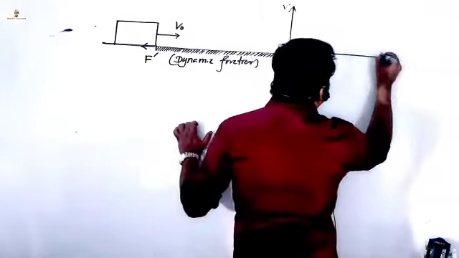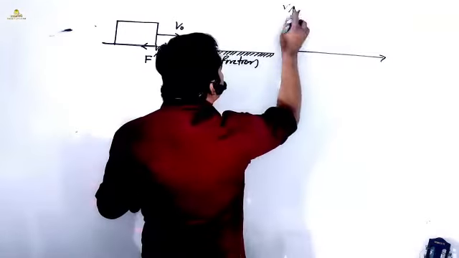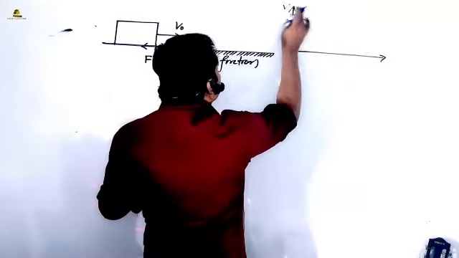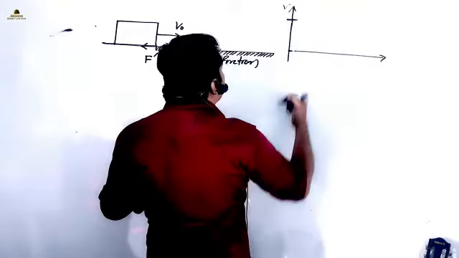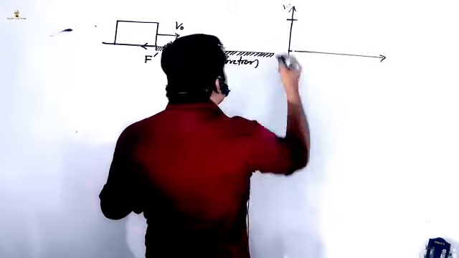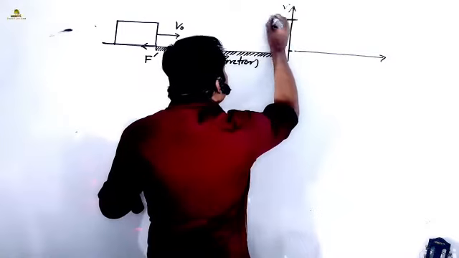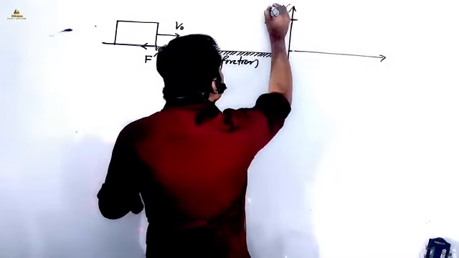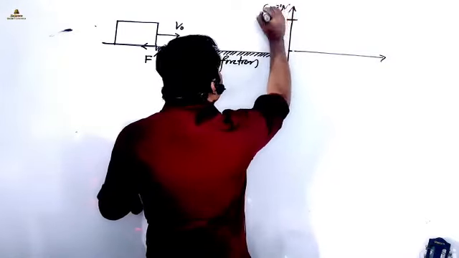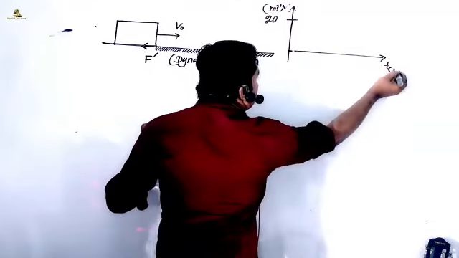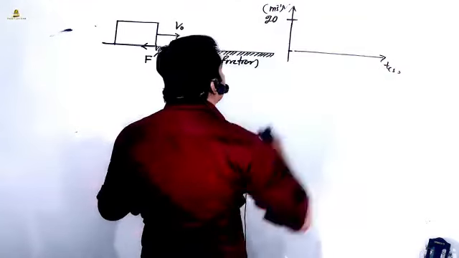Its maximum velocity, it was moving at uniform velocity, was 20 meters per second. So you have to name the axis and units.